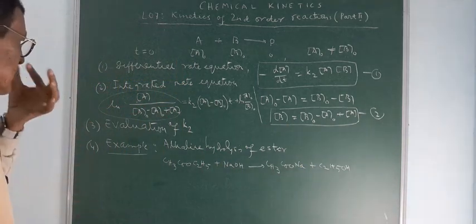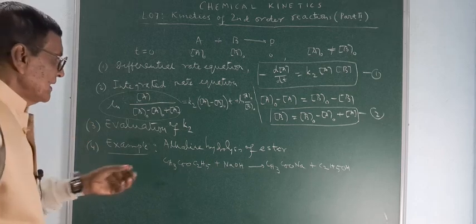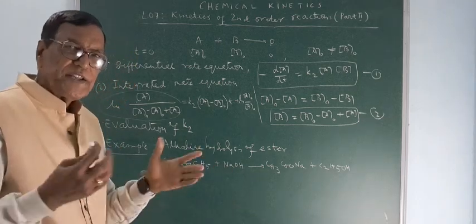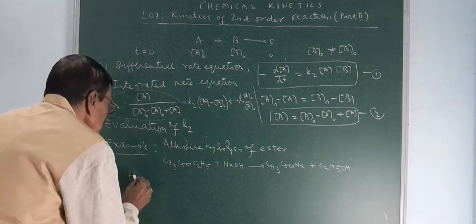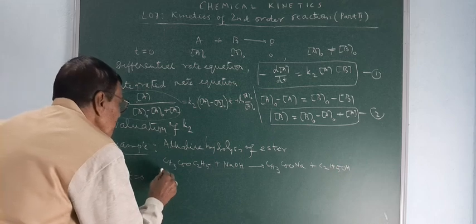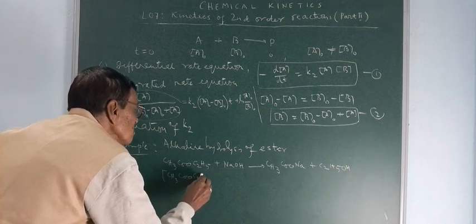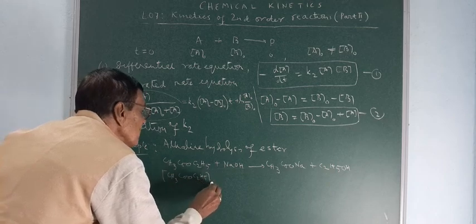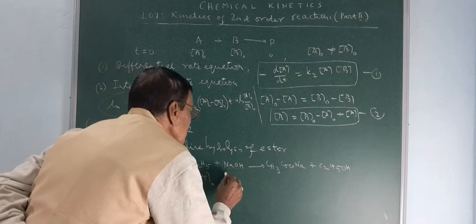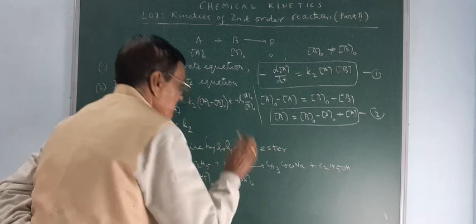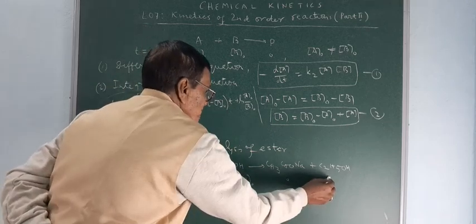Now, initially, these are the known initial concentrations when t equal to 0: concentration of CH3COOC2H5, and sodium hydroxide, and the products are 0 and 0.